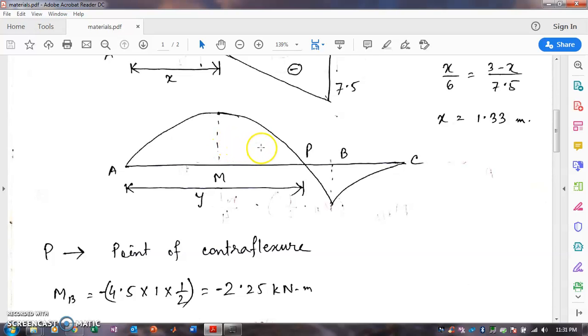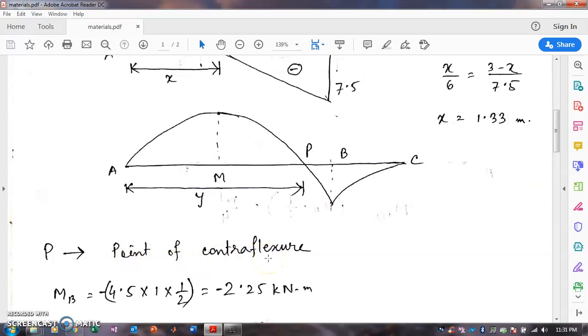We all know that. So there will be a point where it changes its sign, from negative to positive or positive to negative. This point where it changes its sign, there the bending moment becomes 0, and this point is called the point of contraflexure, that is P.